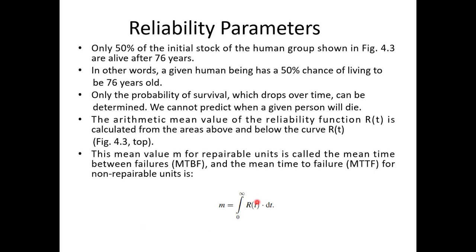So the reliability function R of t can be calculated with the help of two very important parameters, the mean values. M is the mean time between failures for repairable units and the mean time to failure for non-repairable units. So mean time between failures is for repairable units, mean time to failure is for non-repairable units. That M equals the integral from 0 to infinity of R of t dt.